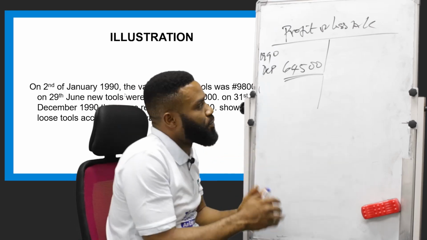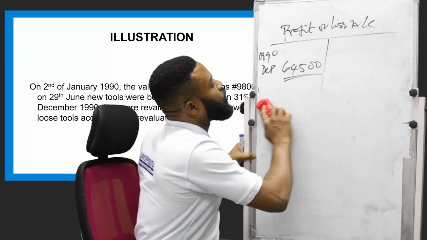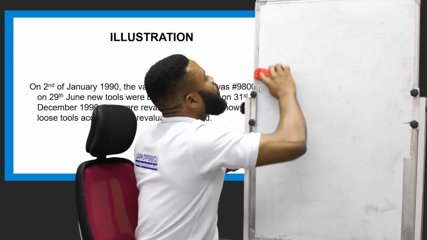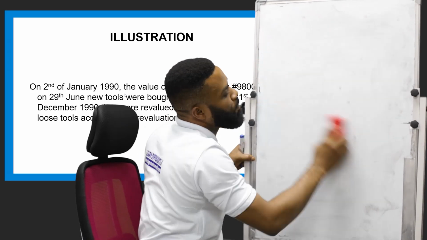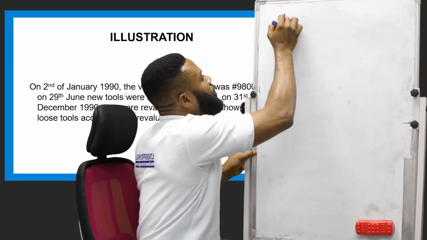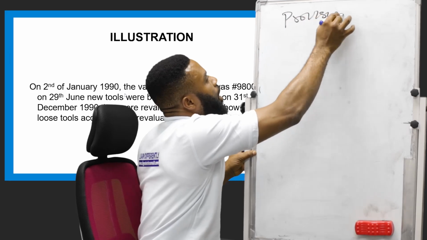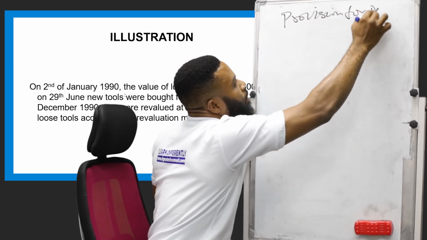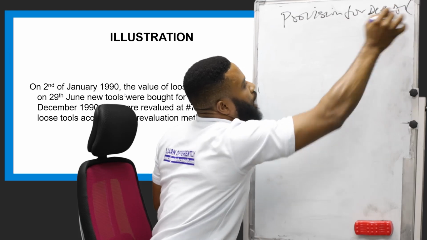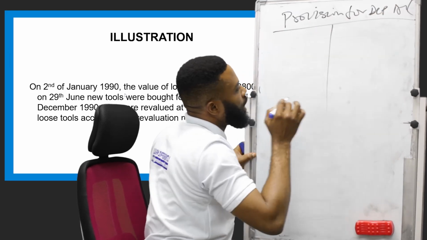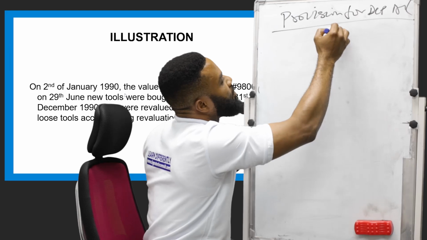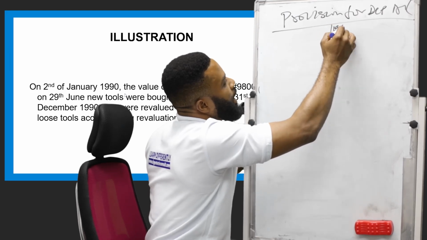Now, once you are done with this, the next one is what we call the provision for depreciation account. The same thing. You have the year here, 1990.